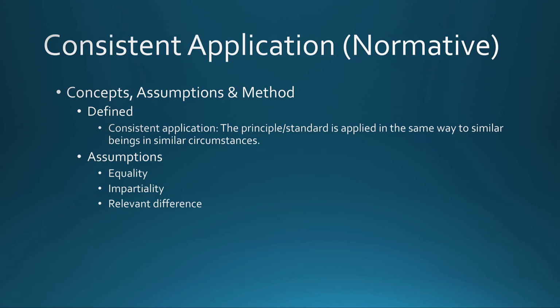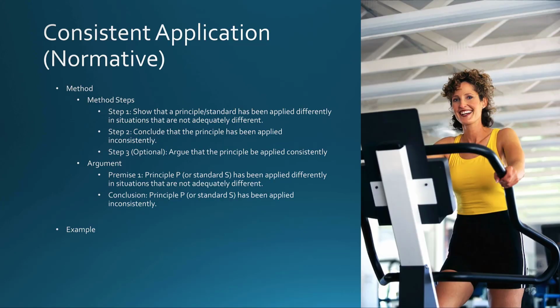So how is this particular method used? Like logical consistency, this is typically an attack method in the sense that if you're using this, you would generally not be actively defending your own position by presenting consistent application. You would be criticizing a position held by someone else. So here's how it would work.